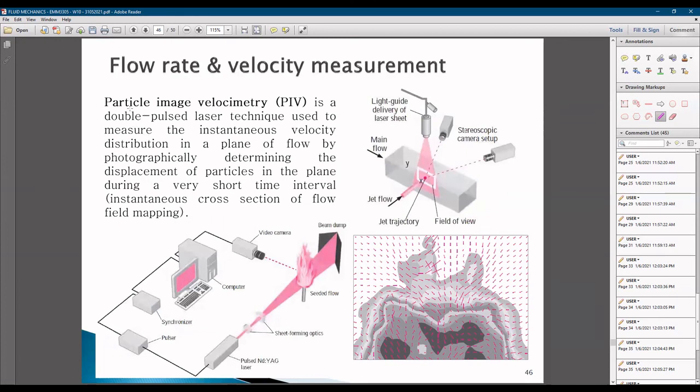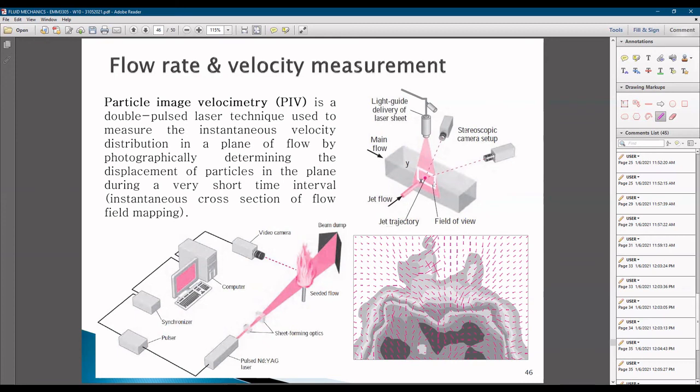And we also have particle image velocimetry, or in short, PIV. It is a well-known device that uses a beam, or a sheet form, of laser.